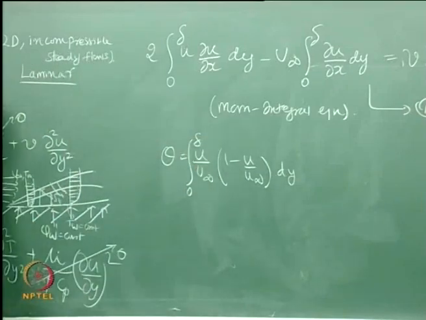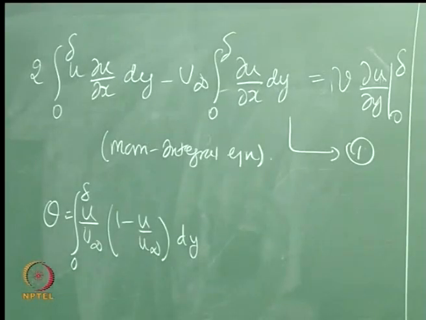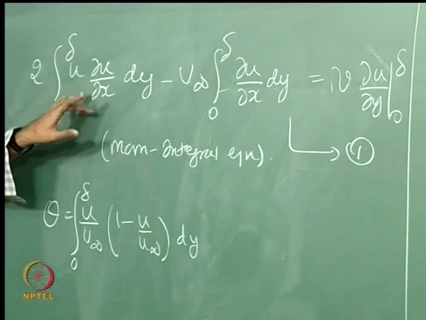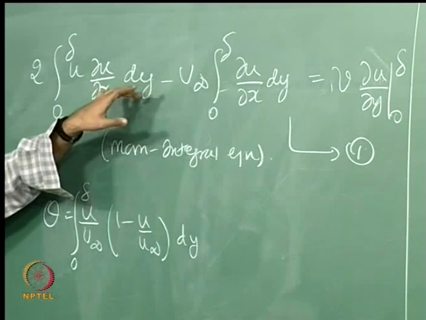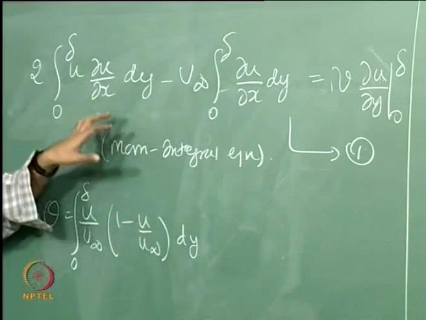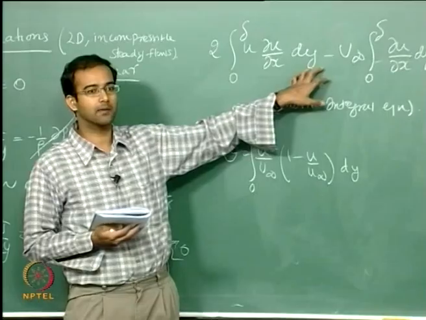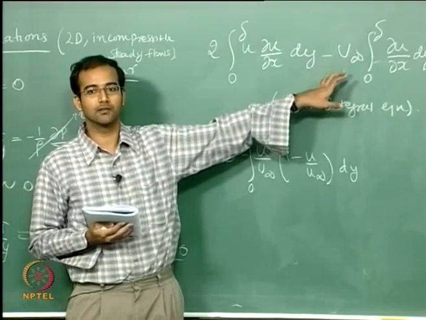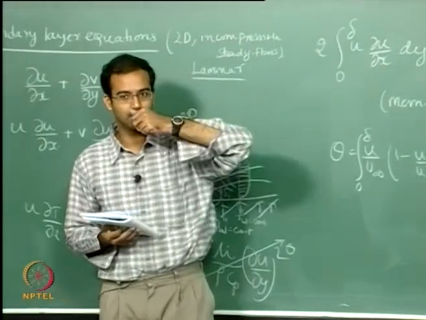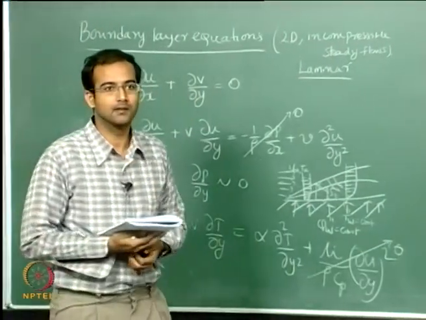This is the definition of momentum integral, or people sometimes call it momentum thickness. You can do this as a nice exercise. You can combine these two terms, bring it to this form, and then write in terms of d theta/dx. So that is another way of casting this equation.